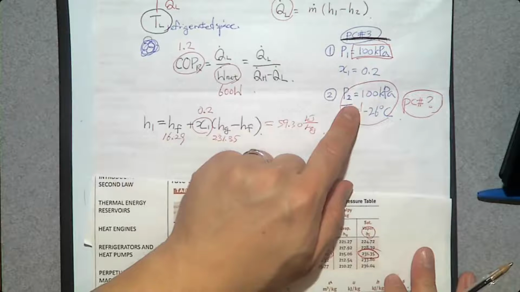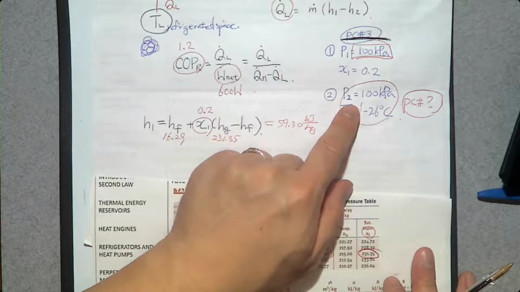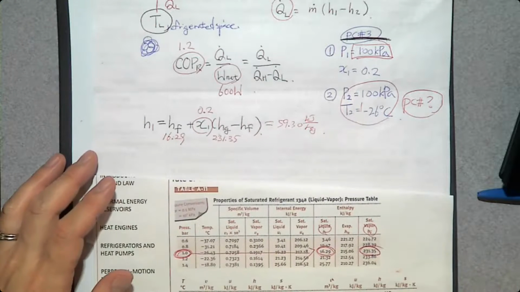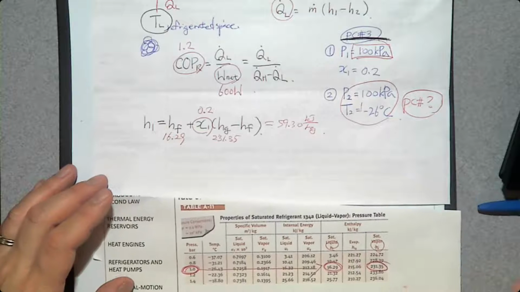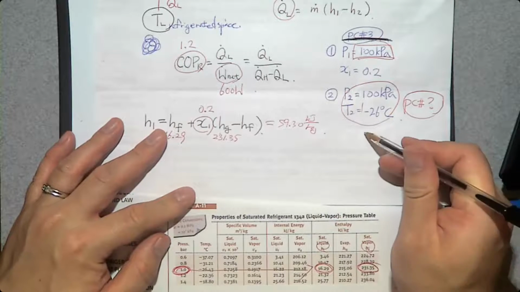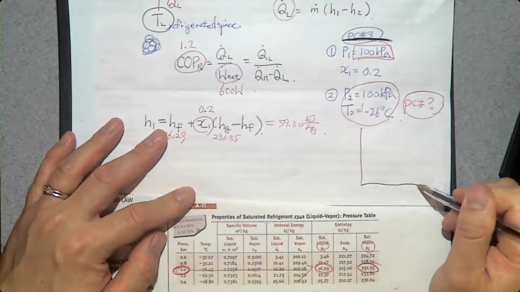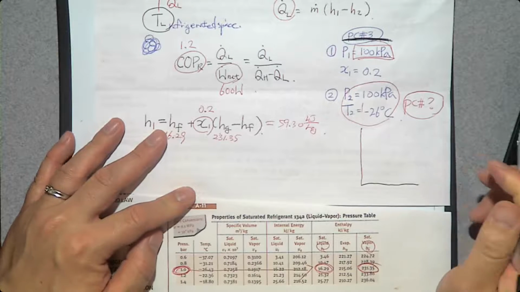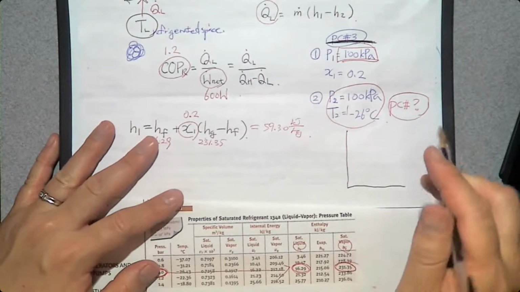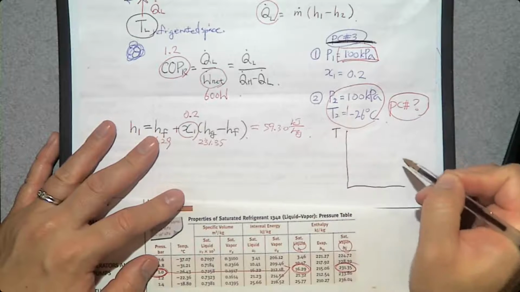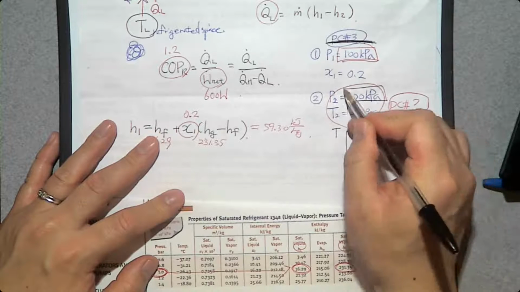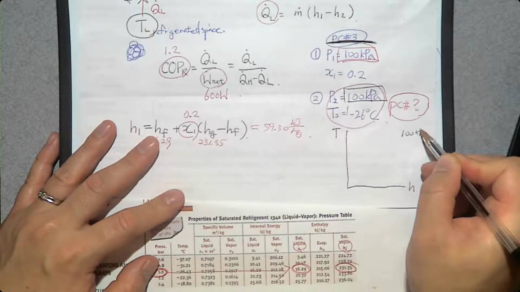So it's probably phase change process number 4 or number 5, but let's verify that. How can we do that? We can use a property diagram. What kind of property diagram? We can make a T-h diagram at this pressure, 100 kilopascal.